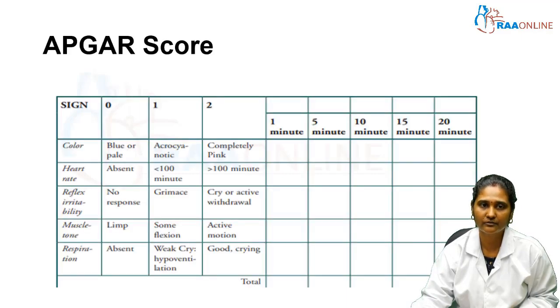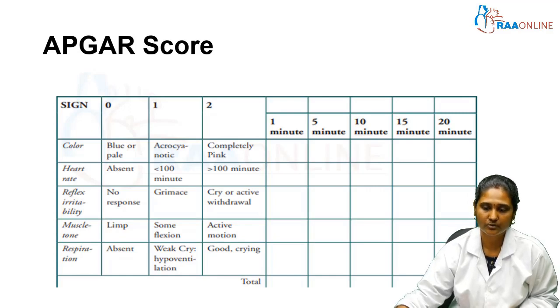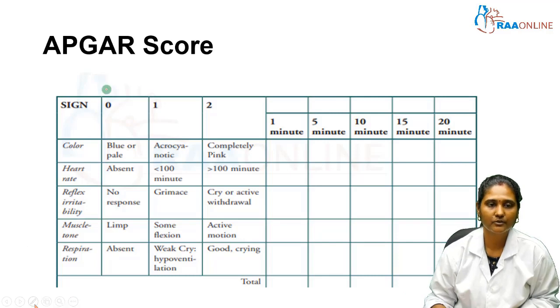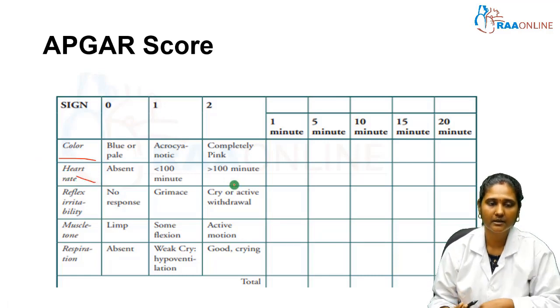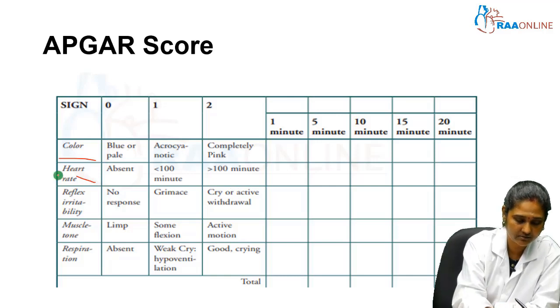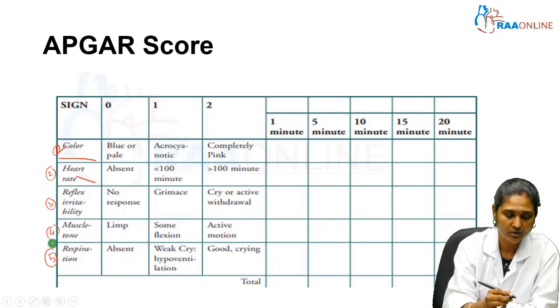So moving on to the first one, which is the Apgar score. You all must be knowing what the 5 parameters are that are used to assess the Apgar score, which are the color of the baby, heart rate, reflex irritability, muscle tone and respiration.